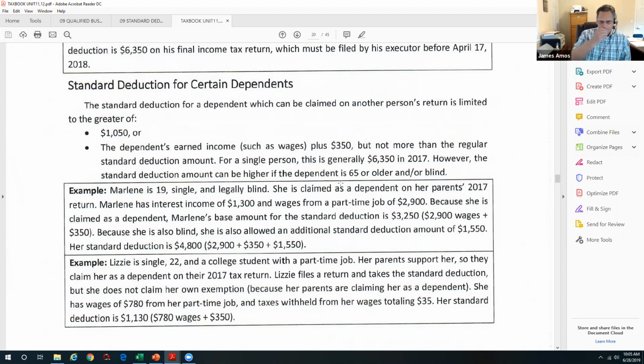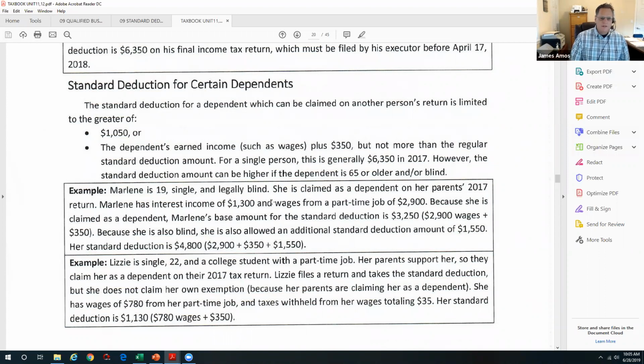So the question, just to let everyone know, is about that little shortcut, or visual way, that I calculate standard deduction for a dependent. She's saying they're doing it differently than I am. So let's take a look. Marlene is 19, single, and blind. She is claimed as a dependent on her parents' return.